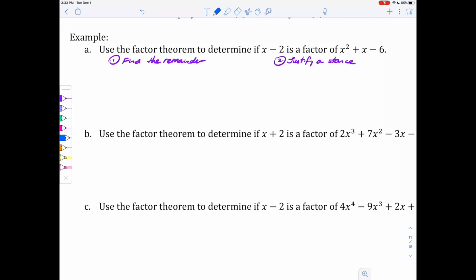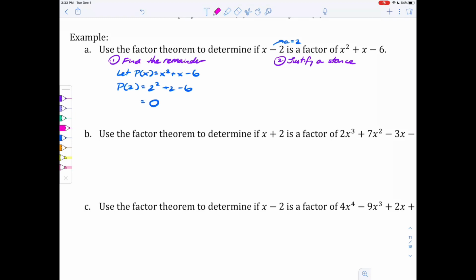So for me, first one I'm going to find the remainder. So I will let p of x be equal to this polynomial, oopsie daisy, that we're playing with. I want to divide by x minus 2, which means that a is equal to 2. P of 2 is 2 squared plus 2 minus 6, which is equal to 0.